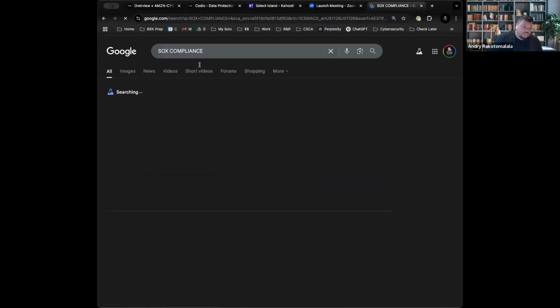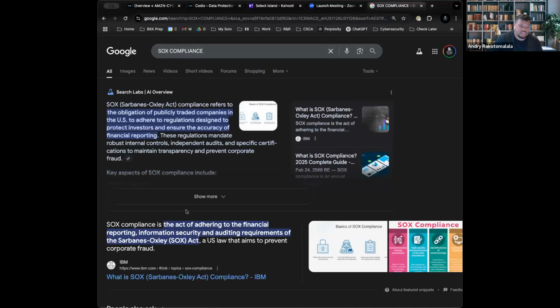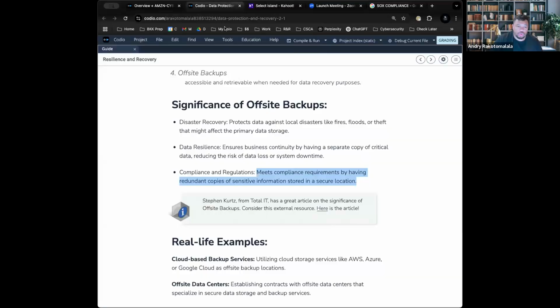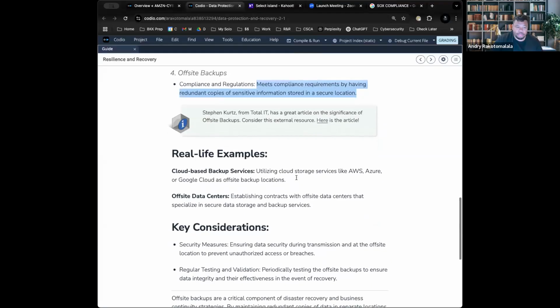SOX stands for the Sarbanes-Oxley Act, and it's essentially because some organizations were found to be financially dubious and unethical. So this is one of the ways that they control that. In those compliance standards, they have certain controls that require you to have backups, and those controls vary based on different compliance standards.